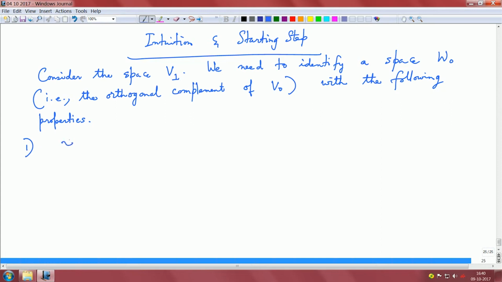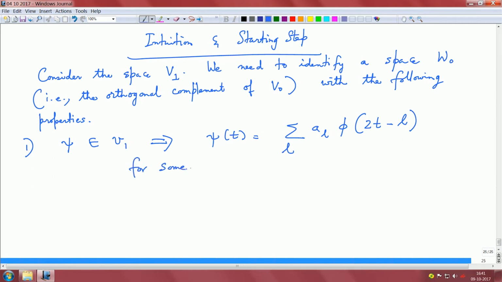Now, if some psi belongs to V1, this implies psi of t can be written as some linear combination of the basis in V1, and the basis in V1 using our scaling functions we can write them as AL times phi of 2t minus L, right, for some AL belonging to the real numbers.